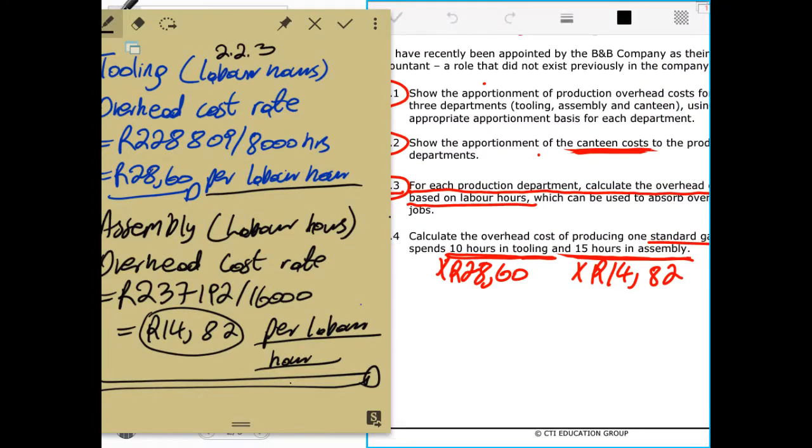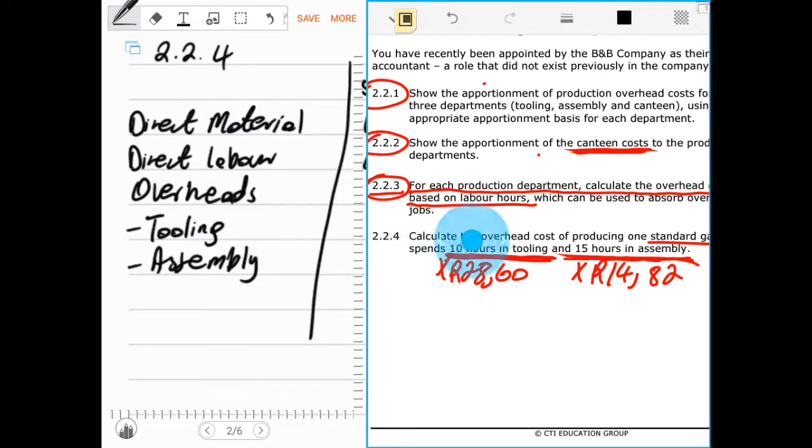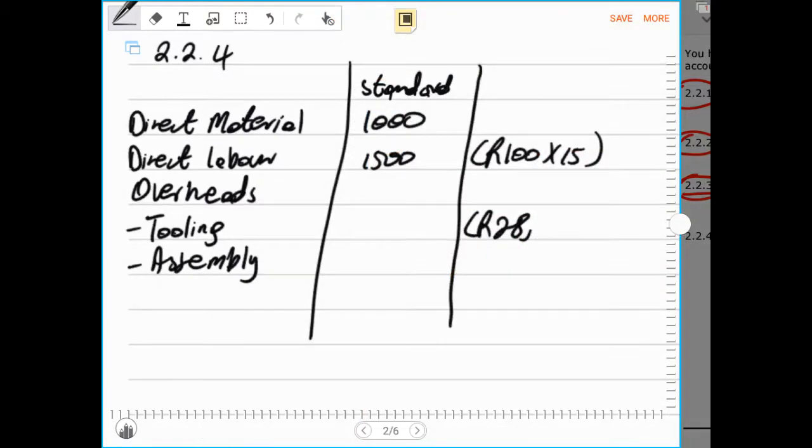It takes 15 and 10. So now for the tooling department it's 10 hours, and for the assembly it's 15. Meaning now we just say 28 rand 60 cents, we multiply that by 10.